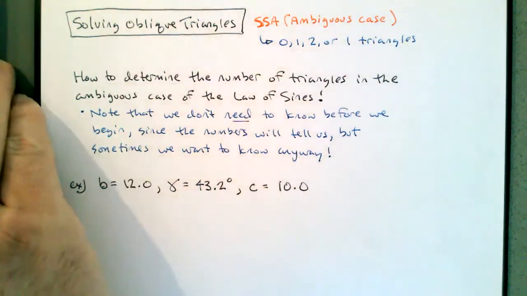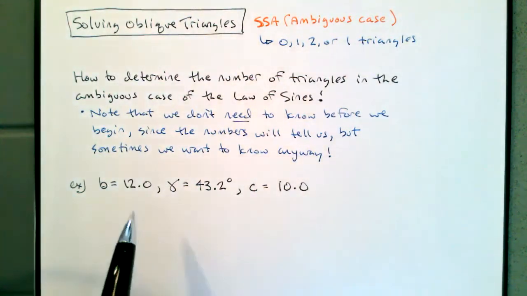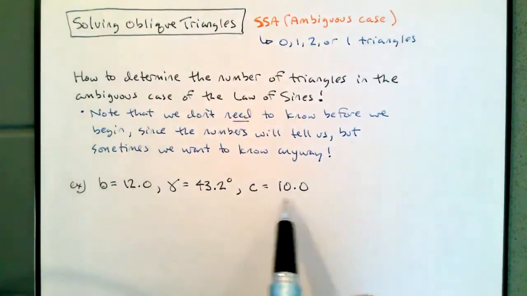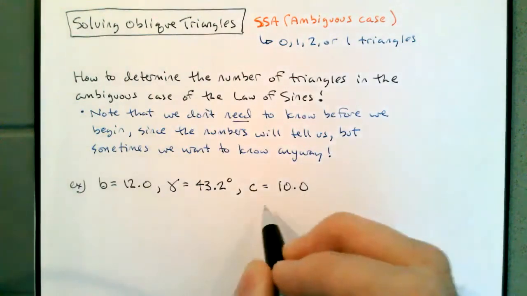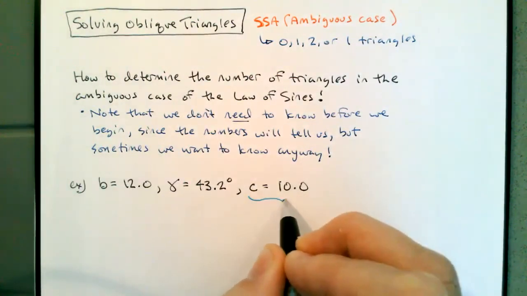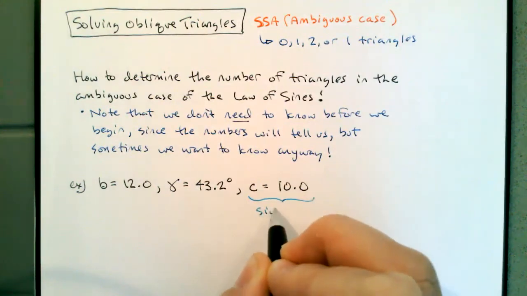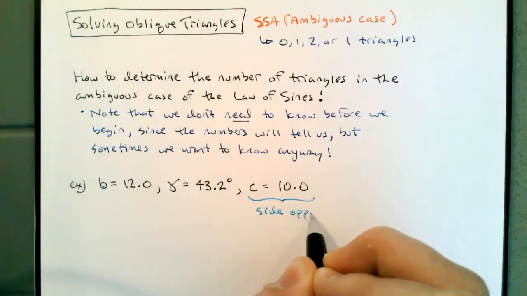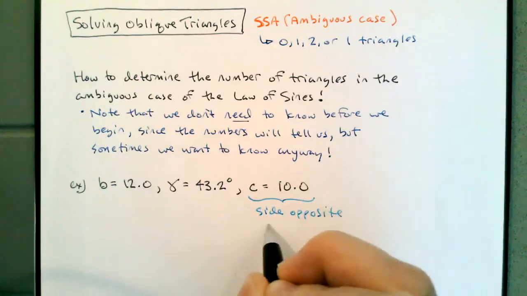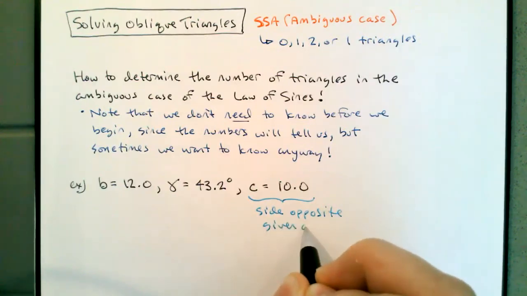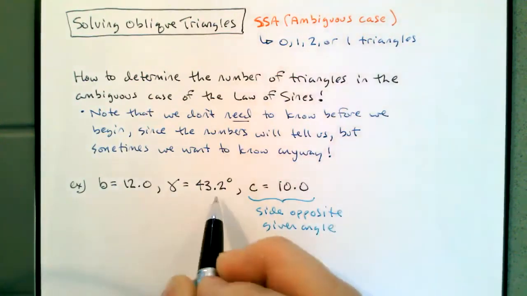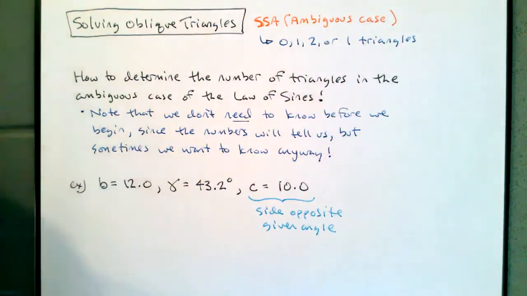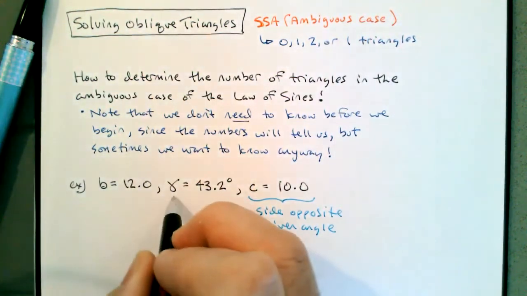So let's identify the parts. C is the side opposite the given angle. Gamma is the given angle. I should label that too.